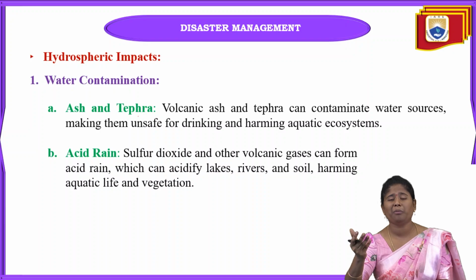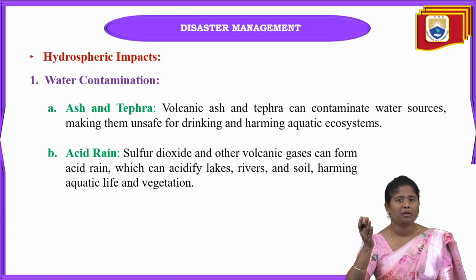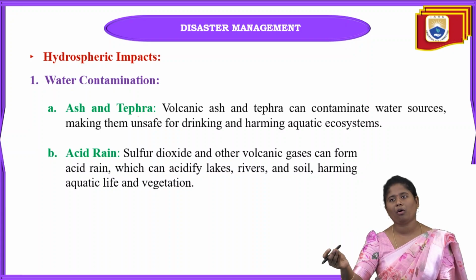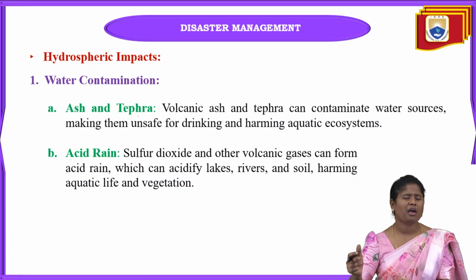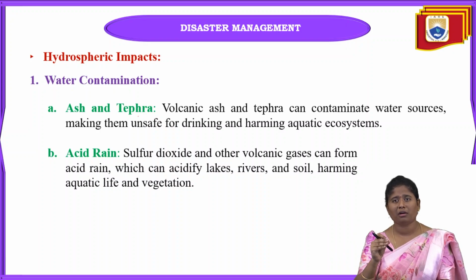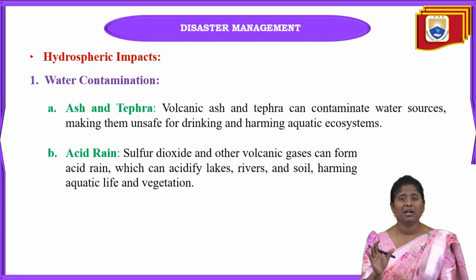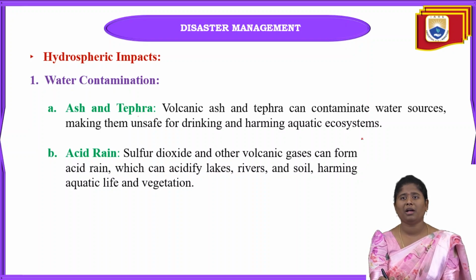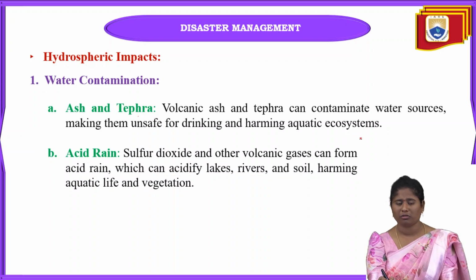Some people don't have a tap system or a bore system. They have no other resource, so they depend on that contaminated water and don't filter it. When they drink that water, it causes many different types of diseases. This contamination also harms the aquatic ecosystem.